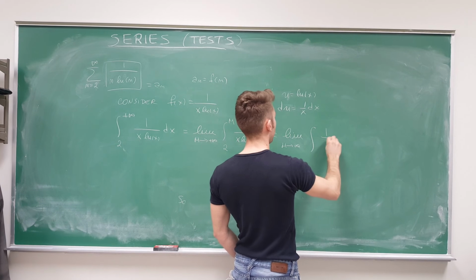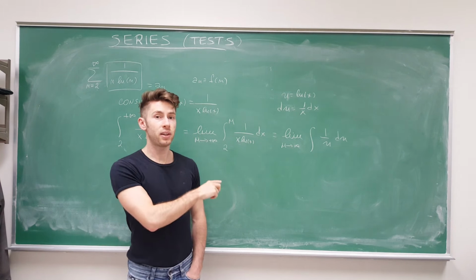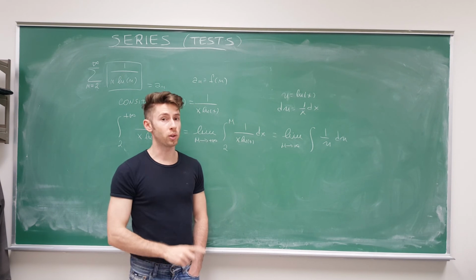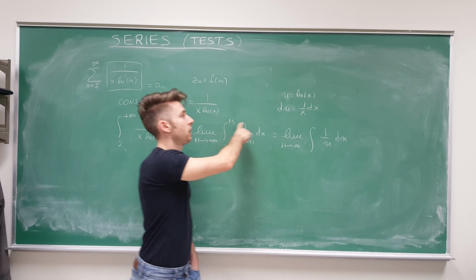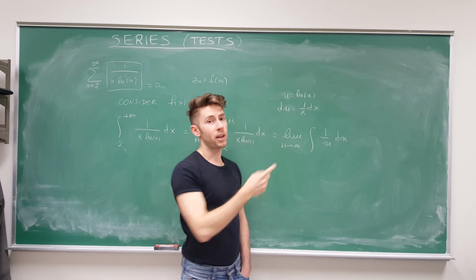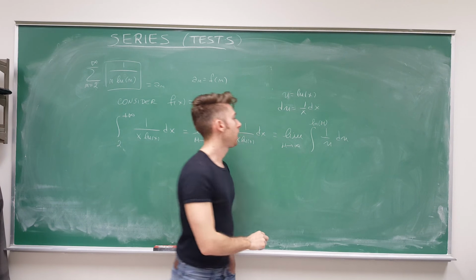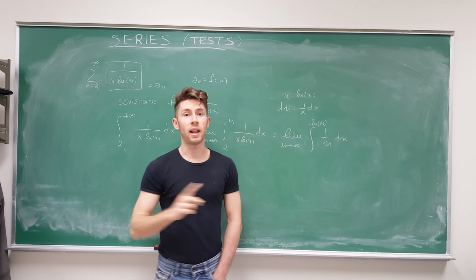So this is 1 over u du. Remember, this is a definite integral, so we need to change the bounds as well if you want to be correct. So when x is equal to m, then u is equal to ln of m. And this bound, when x is equal to 2, then u is equal to ln of 2.